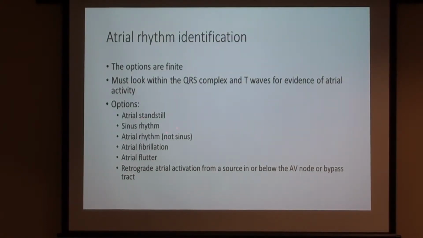So there's either no atrial rhythm, there's sinus rhythm, there's an atrial rhythm that's not sinus, atrial fibrillation, atrial flutter, and then it's like retrograde atrial activation from somewhere else. So that's it. You only have to worry about those things. It's kind of nice, right? You can get all the way through the first part of the system knowing those things.